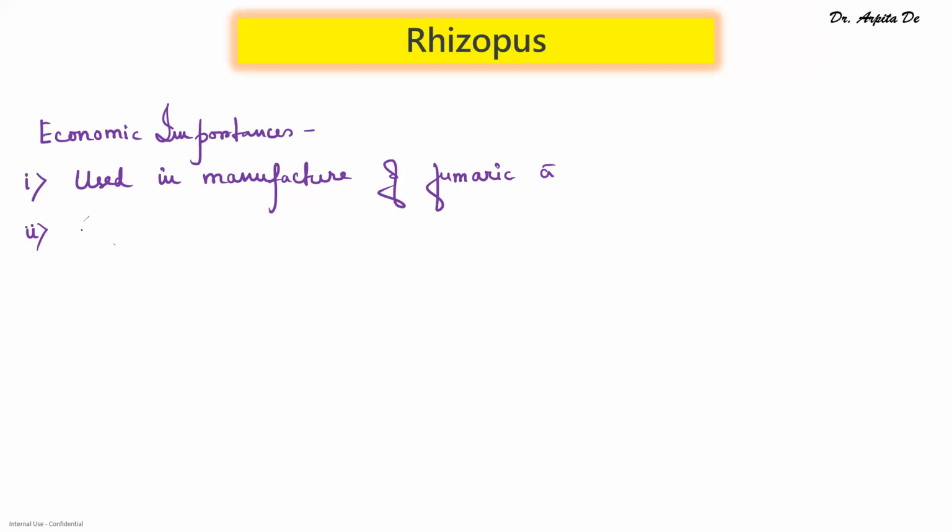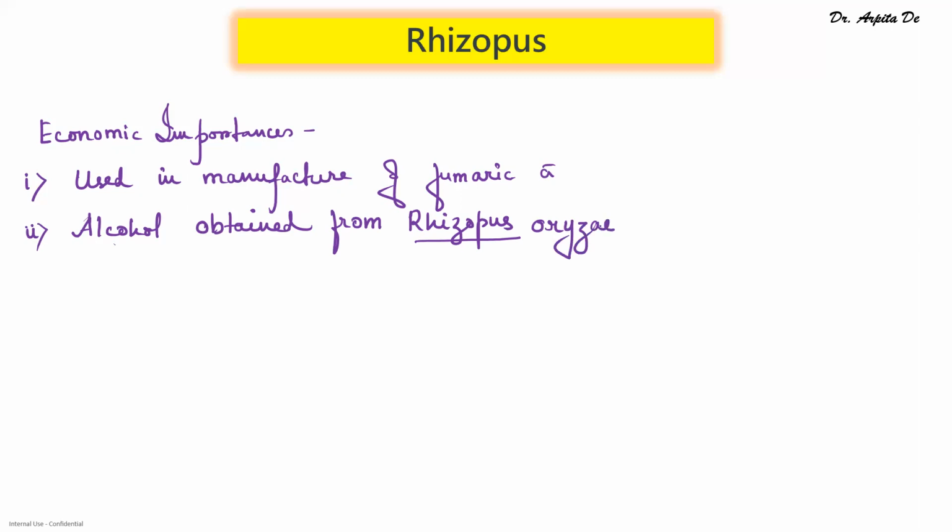Alcohol is obtained from Rhizopus oryzae.